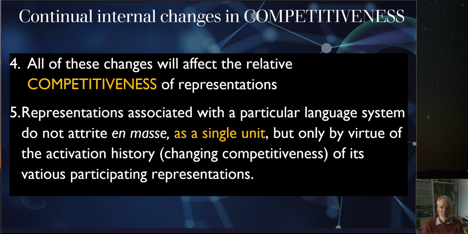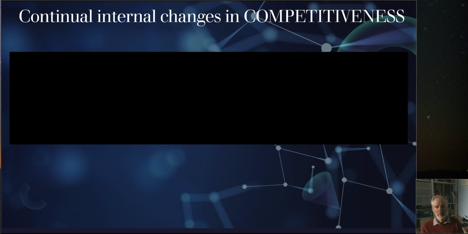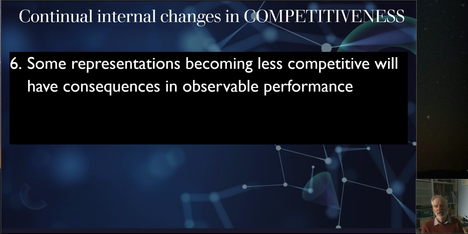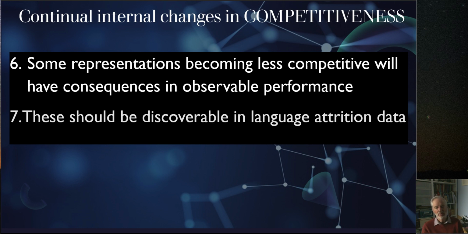But that's just one example. Some representations becoming less competitive will have consequences in observable performance. We start to notice behavioural changes as a result of this infrequent, irregular use of a particular set of representations associated with a particular language.